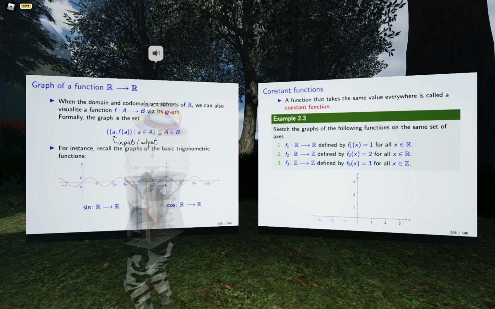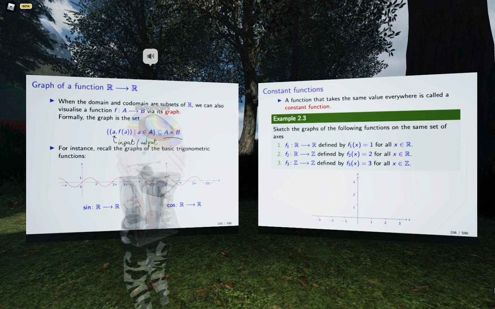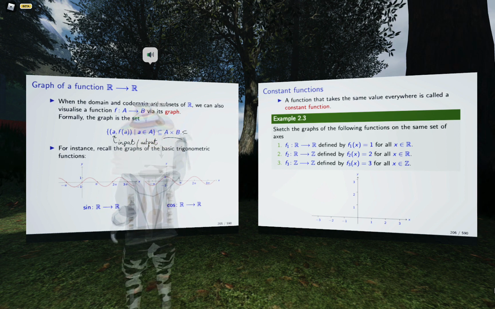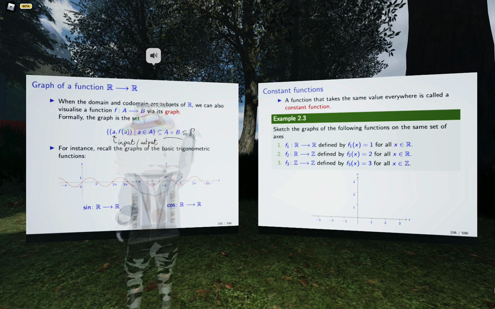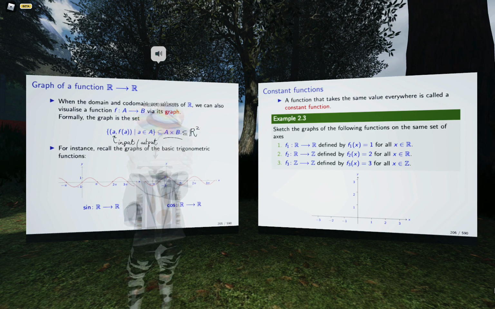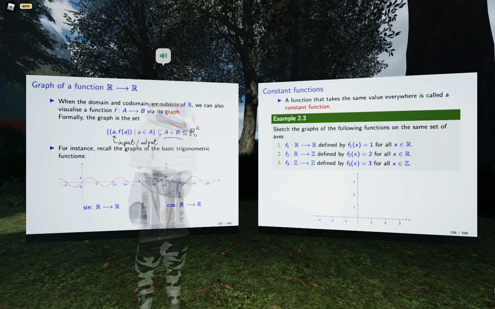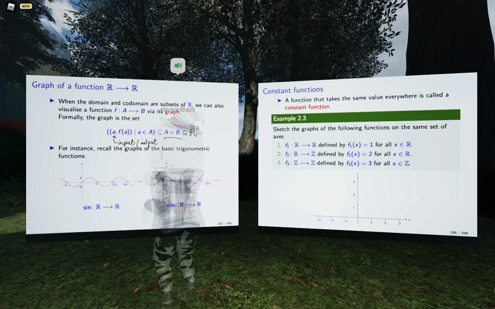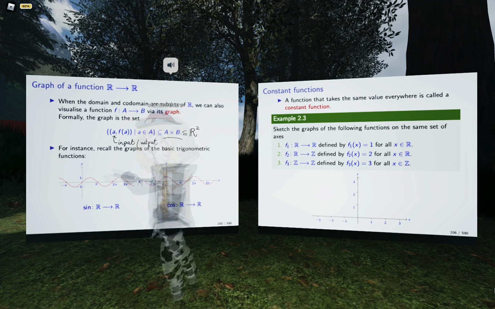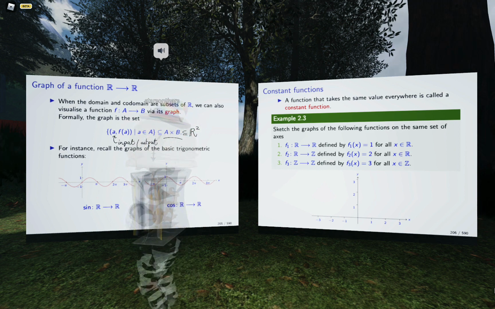A, f of A, and that lives in A cross B. And if A and B are both subsets of R, then we can think about this as sitting inside R cross R, or R2. And then if we draw that set, the set of all pairs of inputs and outputs, we call that the graph.